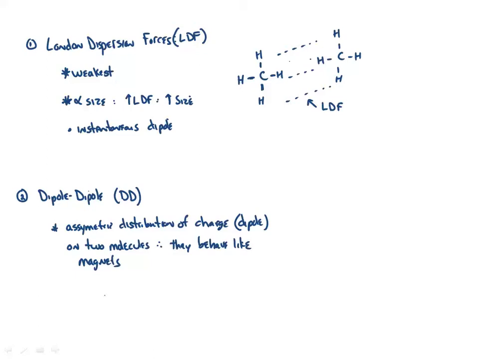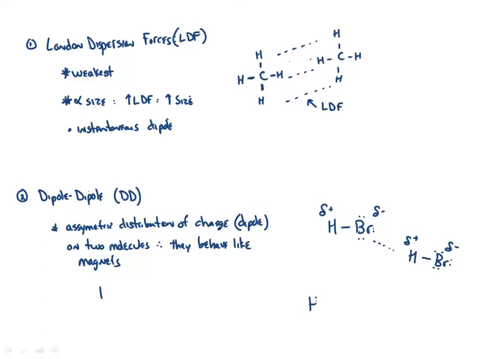And that's where when we draw them, for instance, if I take a look at, let's see, let's pick a good molecule, HBr. This has got a partial negative, this has got a partial positive, and that's going to be attracted to another molecule that has a partial positive and a partial negative.